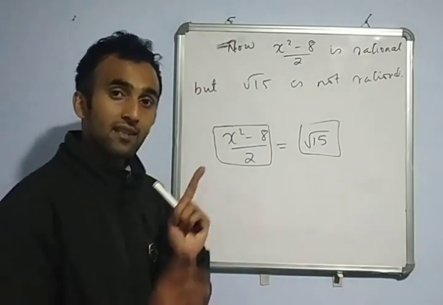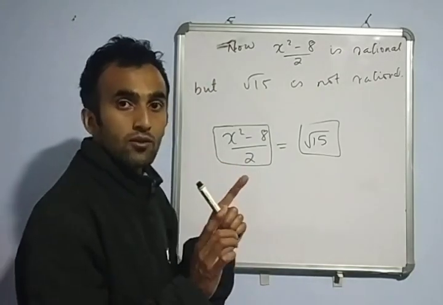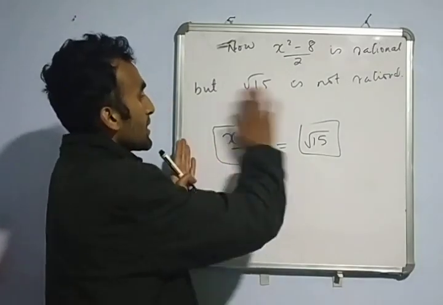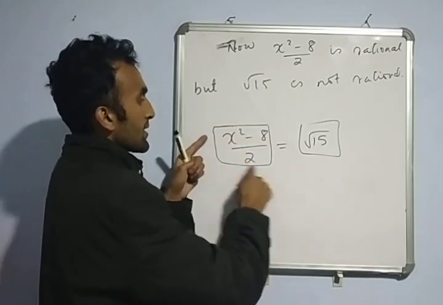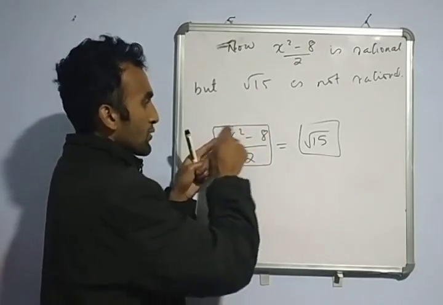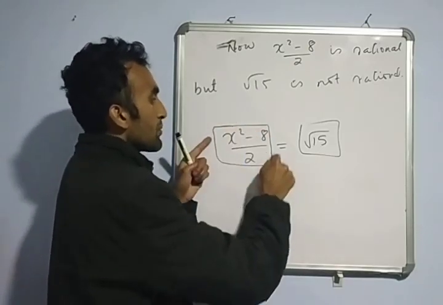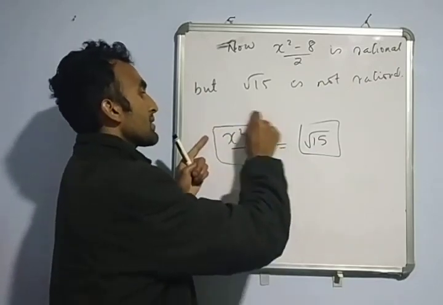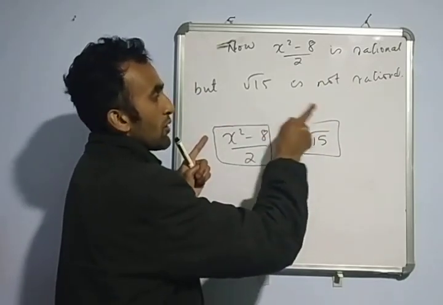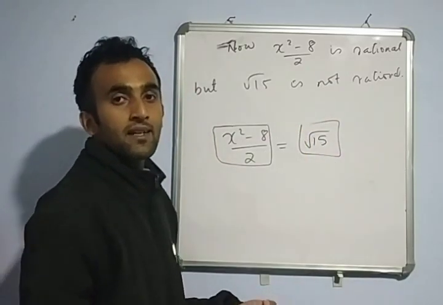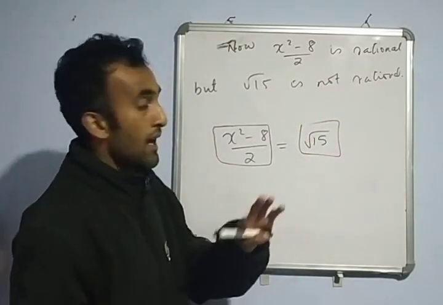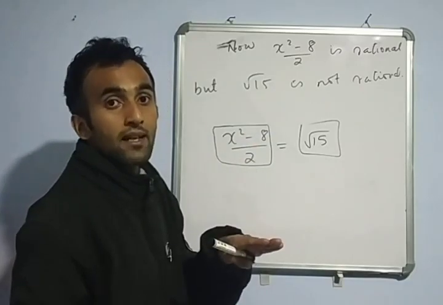I assumed x is rational and x square is also rational, fine. But when I put it here in the last step, if x is rational, x square is rational, this everything should be rational. If this everything is rational, because this is equal to this, this also should be rational. But now we are contradicting it. Means we are having a false statement now.